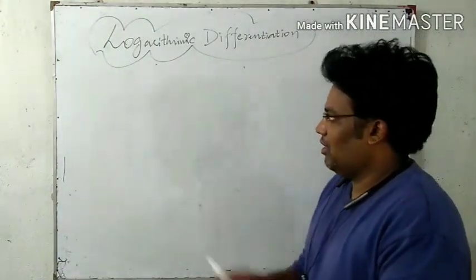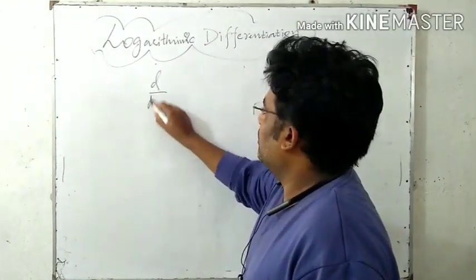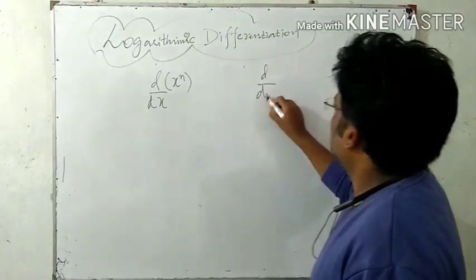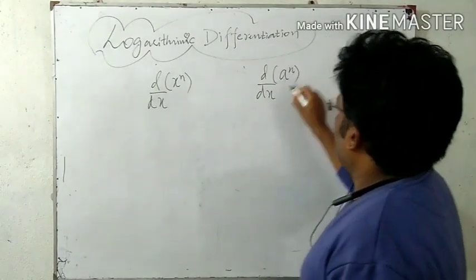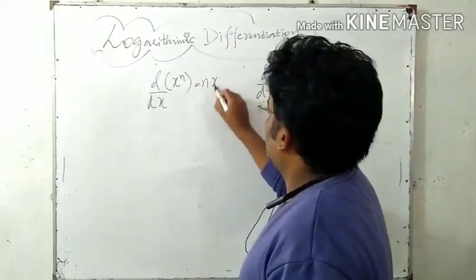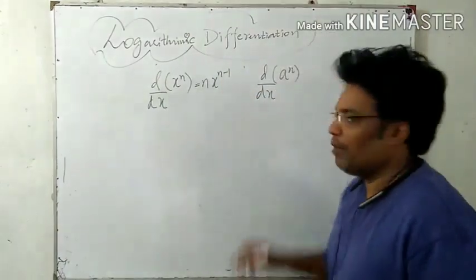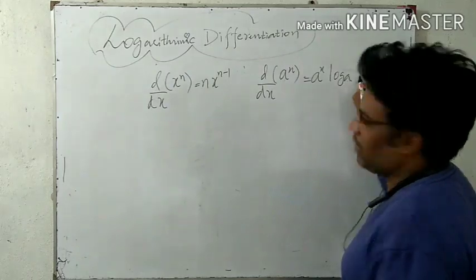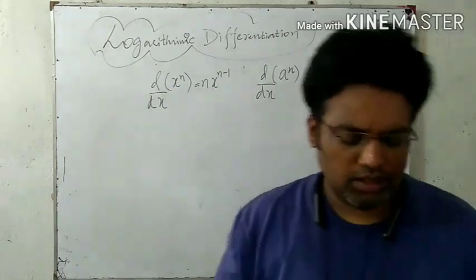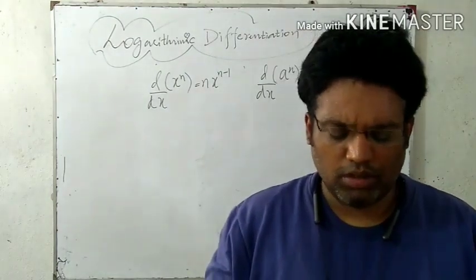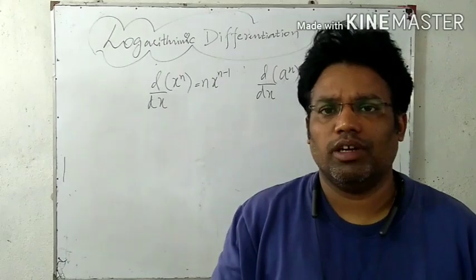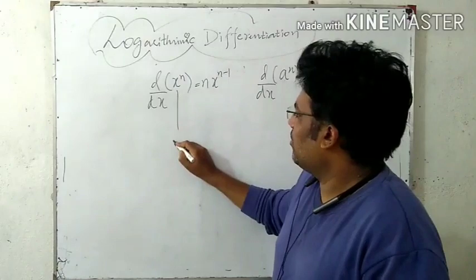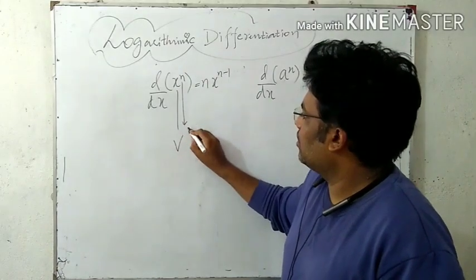First of all, you had d by dx of x power n and d by dx of a power x. d by dx of x power n is n times x to the power of n minus 1. The derivative of a power x is a power x into log a. So you had the x power n concept and the a power x concept. Here one is variable and the other is constant.